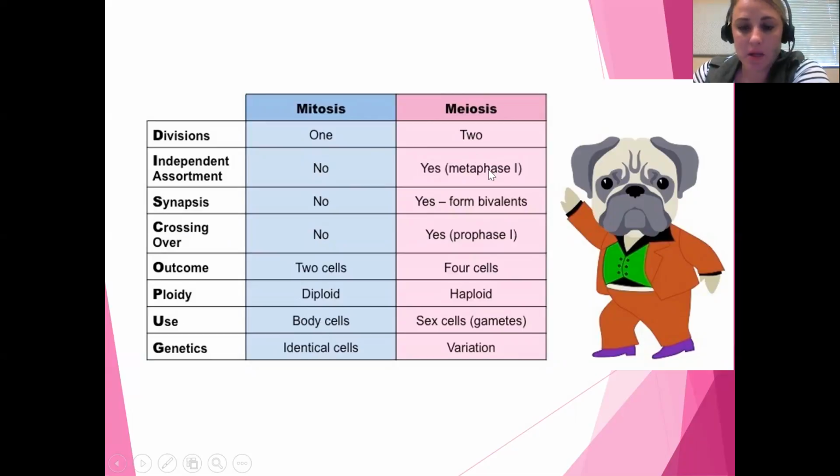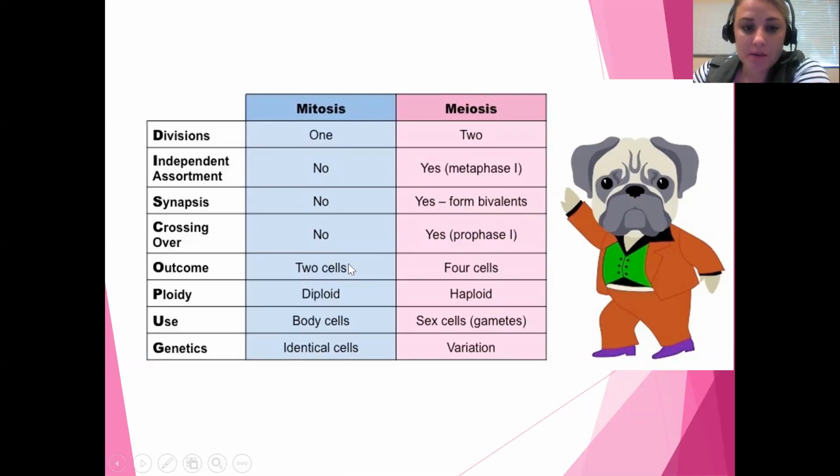It does happen in meiosis. Synapsis, this means do the tetrads line up? In mitosis, they do not, and in meiosis, they do. You might see bivalence. That's just another term for a tetrad, those 2 chromosomes attaching to each other. Crossing over, does it occur? No, because we don't have a synapsis. In meiosis, yes, it does occur.